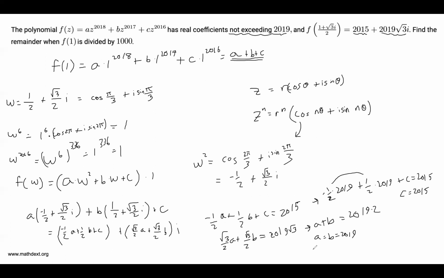Finally, a plus b plus c is 2019 plus 2019 plus 2015. This is equal to 6,053. So our answer is 53.